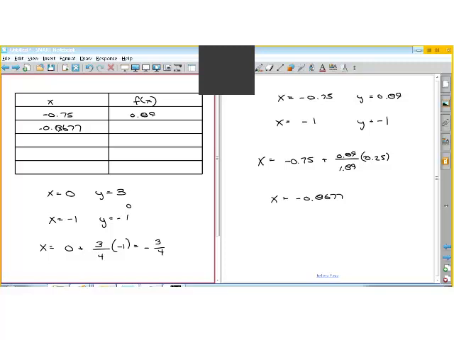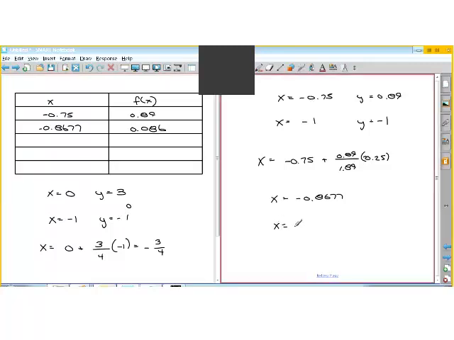Okay, now we plug that back into the function. -0.868. Basically, I'm just doing it to 3 decimal points. And I get y is equal to 0.086. So you see I'm getting pretty close.